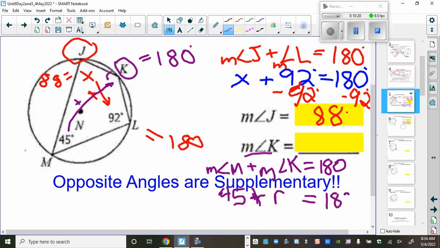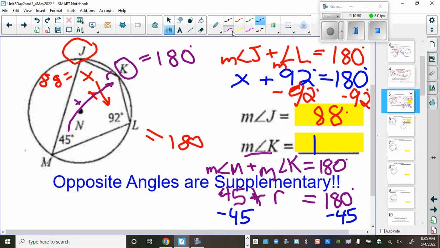But how do we solve for r? What do we do with the 180 and the 45? Subtract. That's all you do. It's actually that simple, ladies and gentlemen. So, what would be 180 minus 45? There you go.